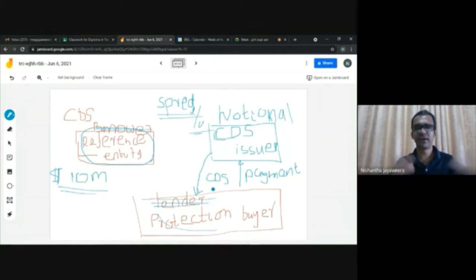It's like you don't have a vehicle, you don't have that risk, but still you can buy insurance from an insurance company to protect a vehicle. The protection buyer has no exposure. He has not lent any cent to this reference entity, but he is buying protection because he speculates that the reference entity will go bankrupt or its creditworthiness will deteriorate. Then he can make a profit.